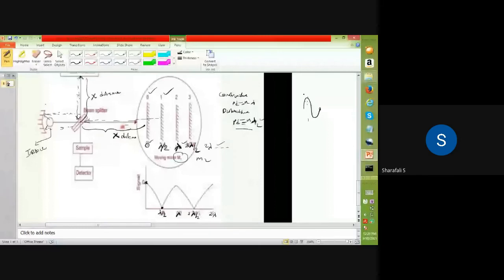Here it should be maximum, here it should be minimum.